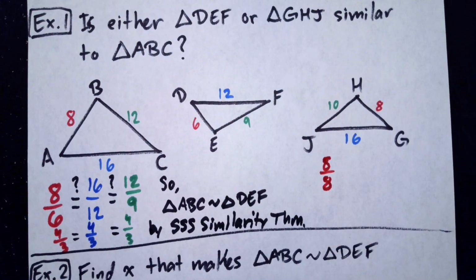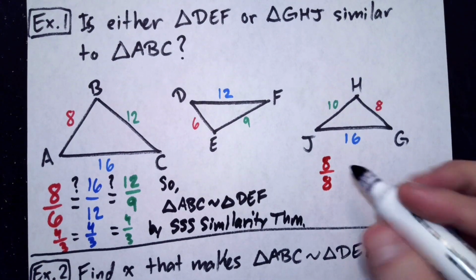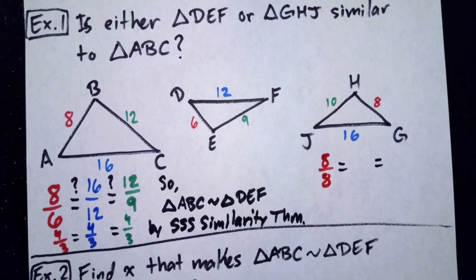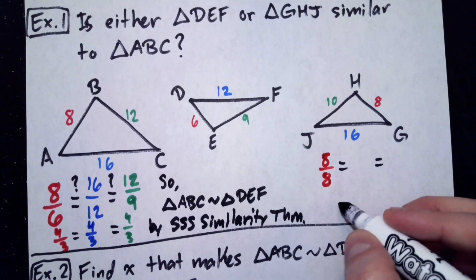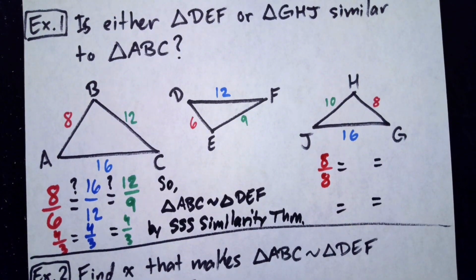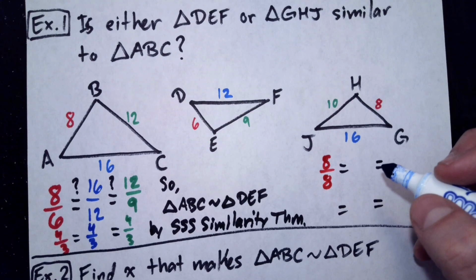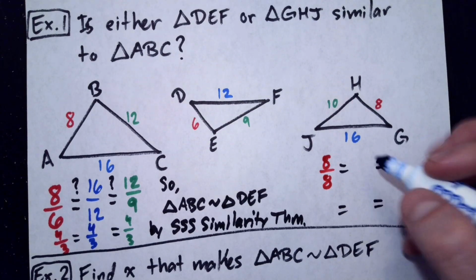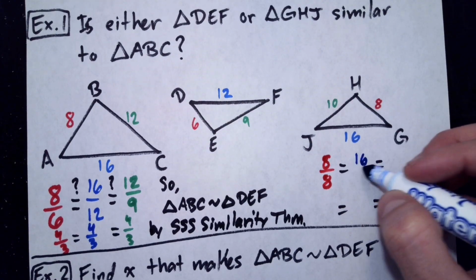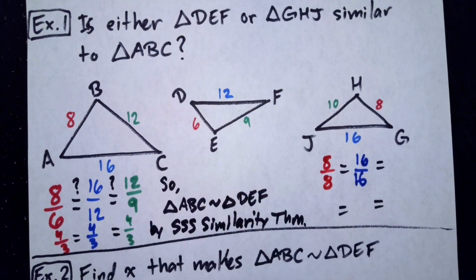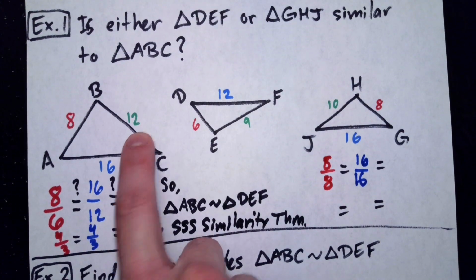And again, that's got to be equal to the blue side over the blue side, which would be 16 over 16, so big side. And then the third and final side is going to be 12 over 10.